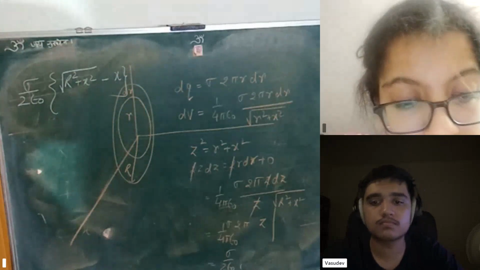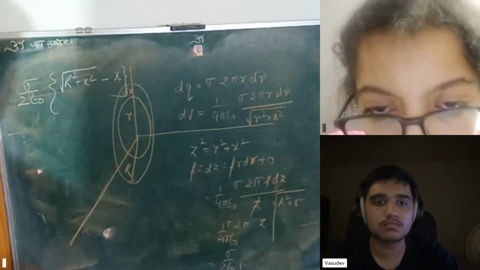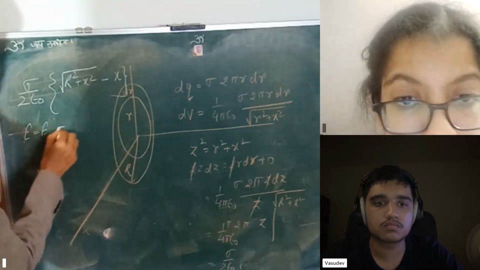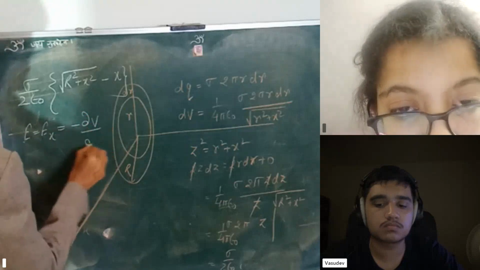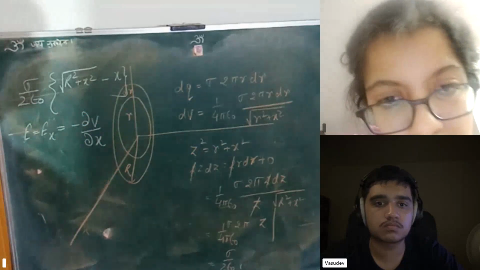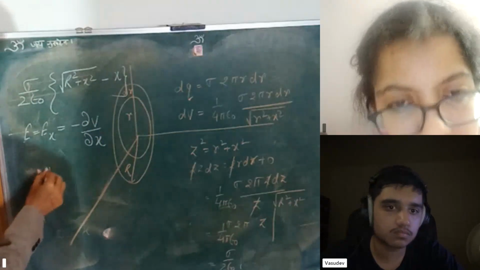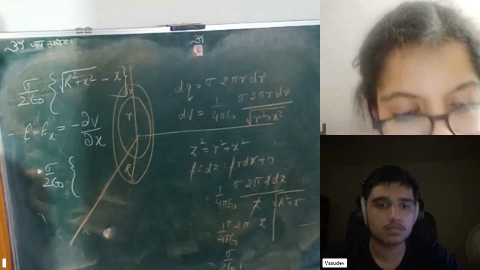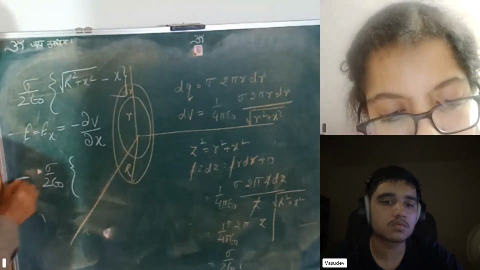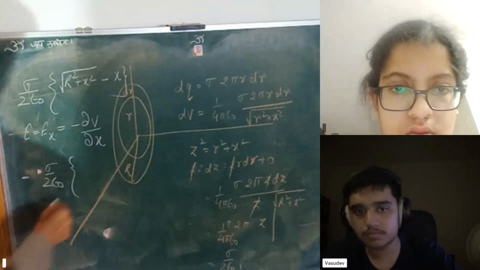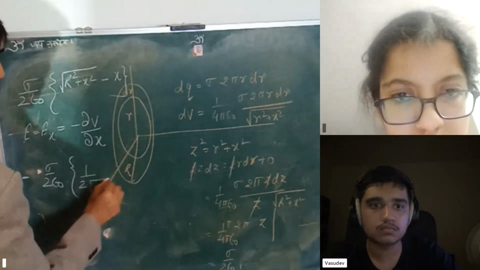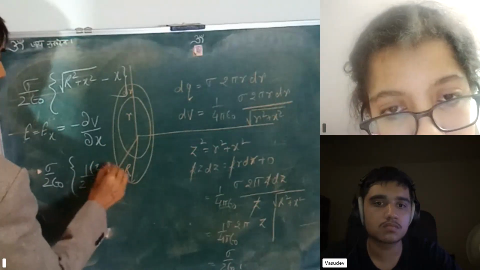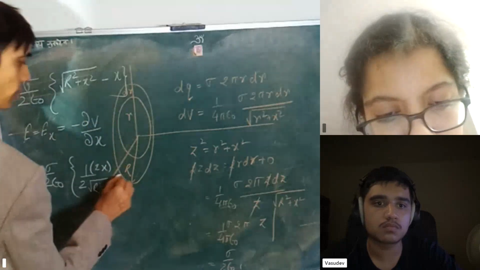This is the potential equation. What about the field? You're aware that E, which will be equal to Ex, will be nothing but the partial derivative of V with respect to z. Sigma divided by twice epsilon naught will remain, bracket open, minus. Differentiation will give 1 by 2 under root of R square plus x square, times 2x, and this will be minus of 1.